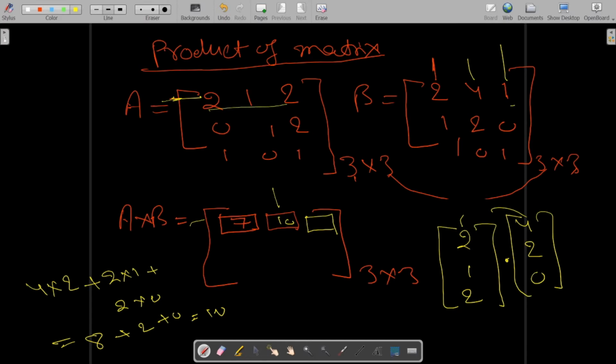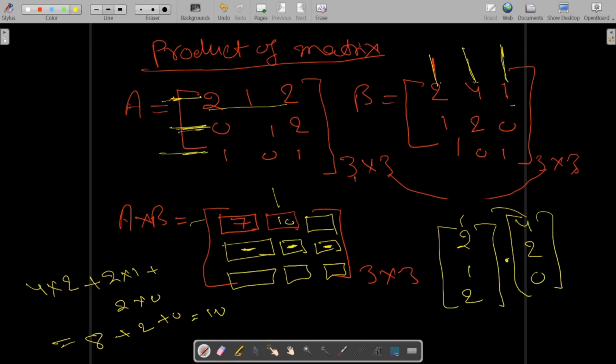Similarly, for the other locations, take the corresponding row and column, find the dot product of that vector and this vector for that particular value. Similarly, you go for each remaining entry and find the dot product of the row and the column, so you can perform this one.